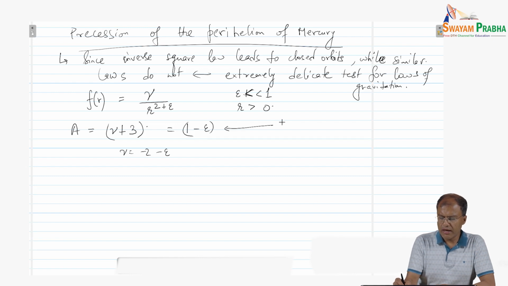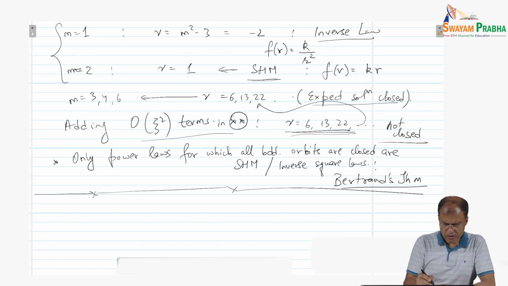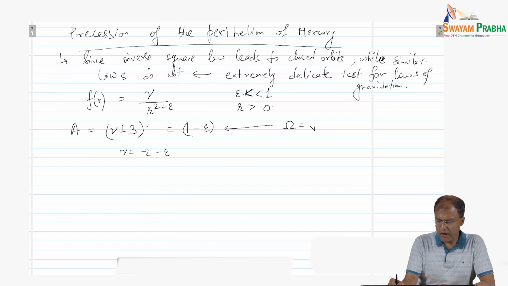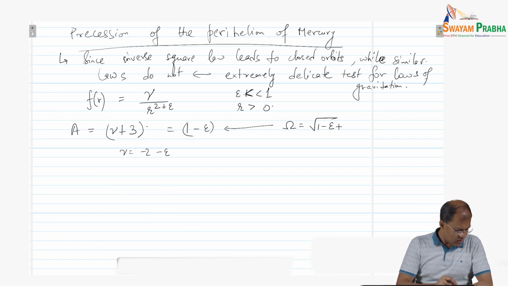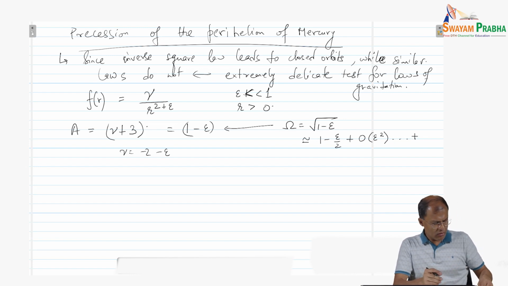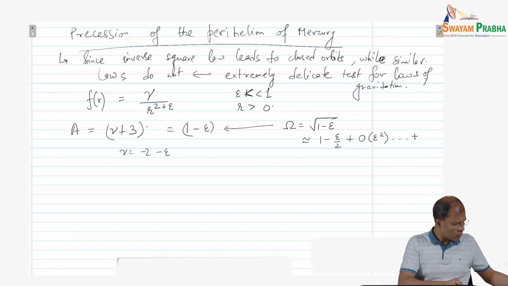I don't want to work with A, I want to work with capital omega. So from here my omega is the square root of 1 minus epsilon, so omega square is A. I can use the binomial expansion, so this is roughly equal to 1 minus epsilon to the power half plus order epsilon square and so on.